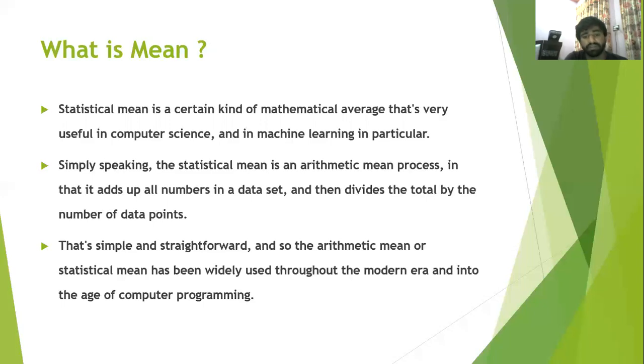The arithmetic mean or statistical mean has been widely used throughout the modern era and into the age of computer programming. We also use mean in programming languages through the help of statistics, because mean is part of statistics, and it gives us a lot of benefits when we want to find the mean of machines or numbers in data.